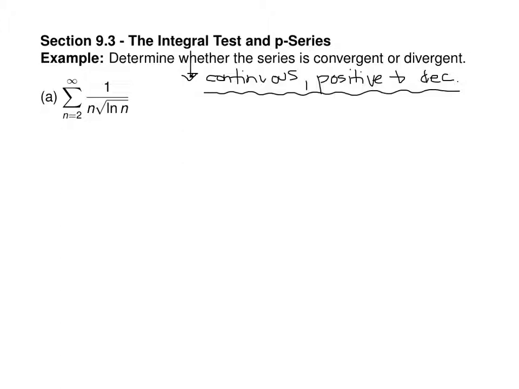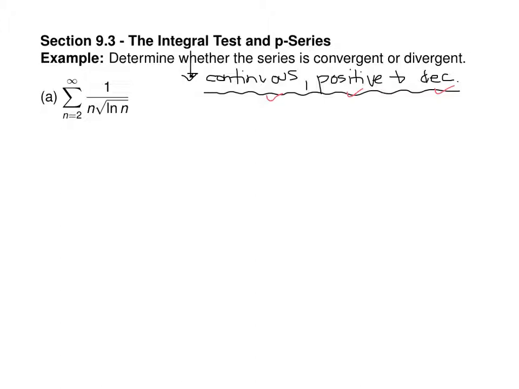Generally speaking, continuous and positive are pretty obvious. Proving that a function is decreasing might be a little bit difficult. Also, if you're going to use the integral test, you're going to have to work out the integral in detail and do that correctly to get full credit.